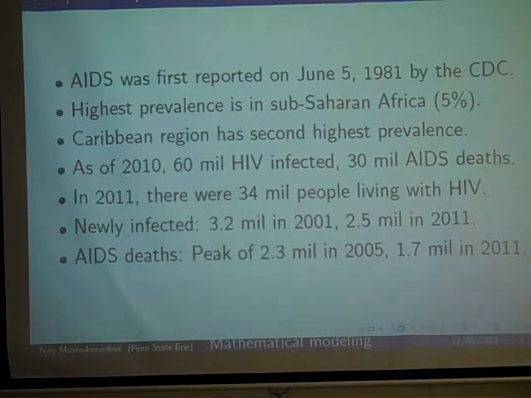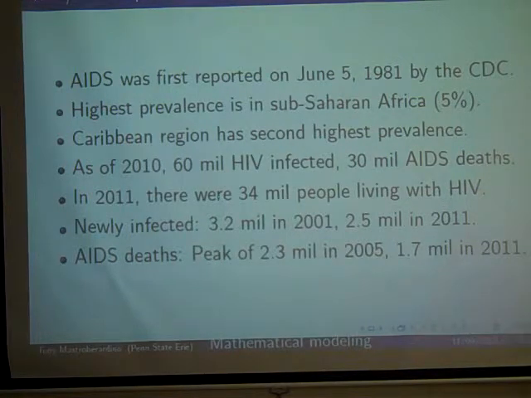The middle bullet, as of 2010, there have been 60 million affected with HIV. There have been 30 million deaths. And I would say that at this point, you could probably add close to 10 million to those that are HIV infected, and probably 5 million to the additional AIDS deaths. In 2011, there were 34 million people living with HIV. That number has increased throughout the years, but it seems to be leveling off.